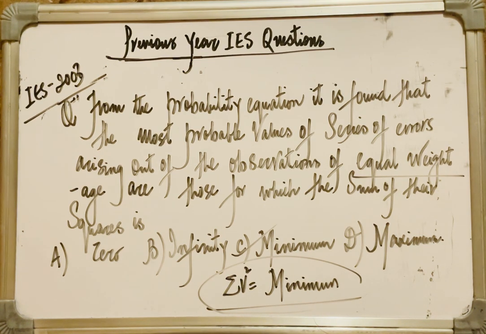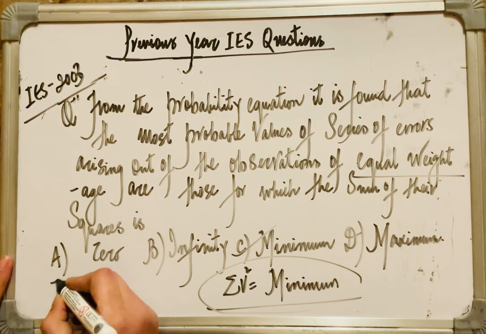Option C is the correct answer, because according to the theory of least squares, if the measurements are of equal weight, the most probable value is that value which makes the sum of squares of residuals a minimum. And for the observations of different weight, the theory says that if the measurements are of unequal weights, the most probable value is that which makes the sum of the products of the weight and the squares of the residuals a minimum.